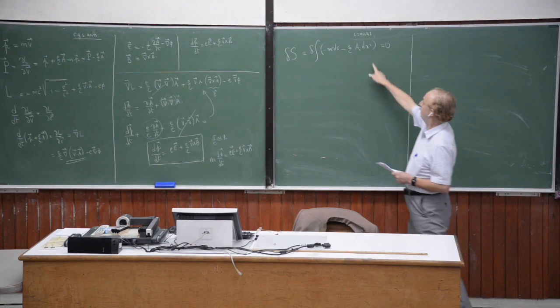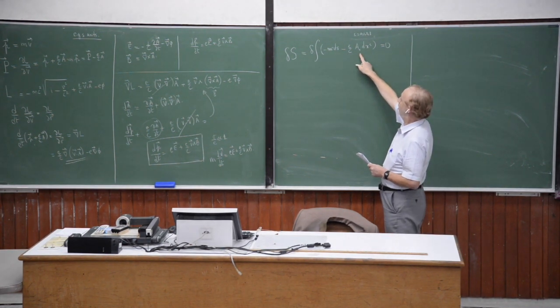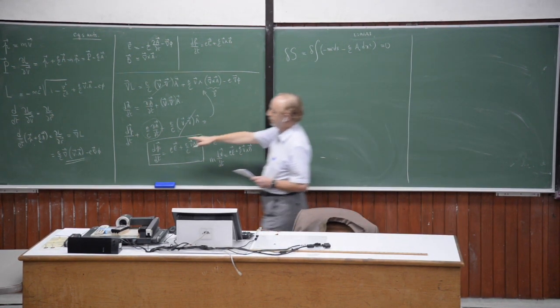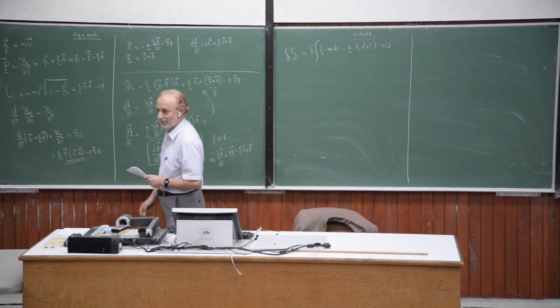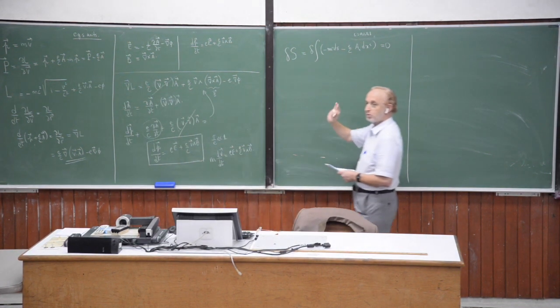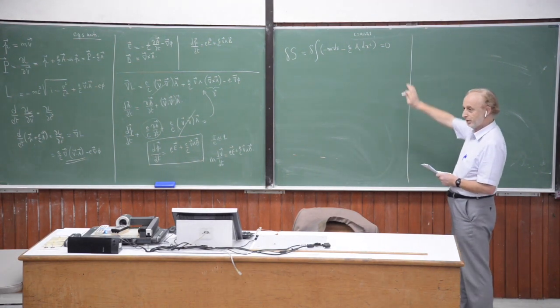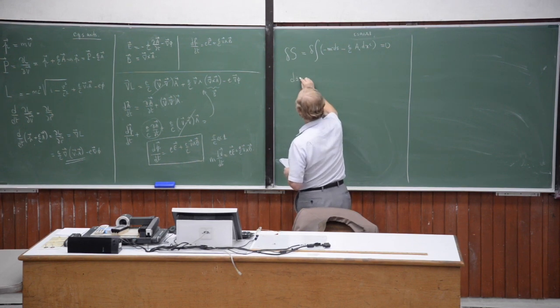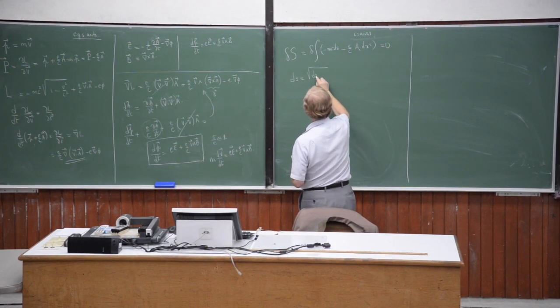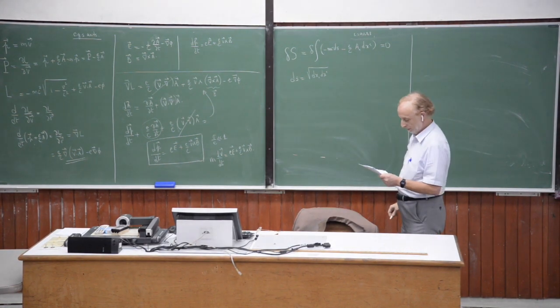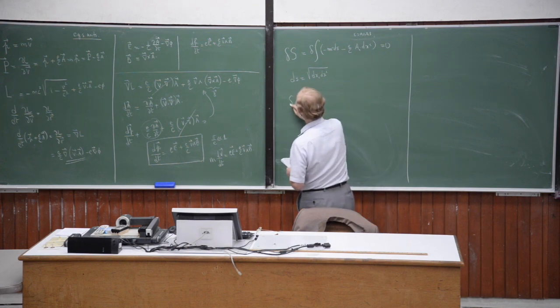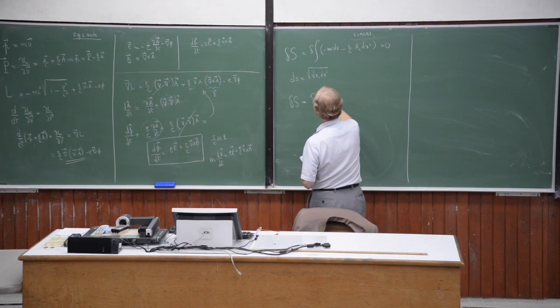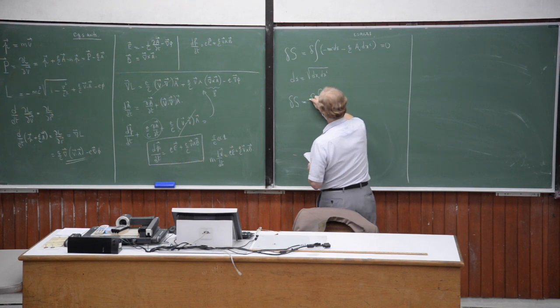What we did there is we said dx^i A_i is minus eφ plus e v dot A times dt. That's all. I'm not going to do that. Just leaving it like this and work with it. So remember that ds was the square root of dx_i dx^i. And therefore, my action change now becomes delta, with a minus sign. No, I take the delta inside.